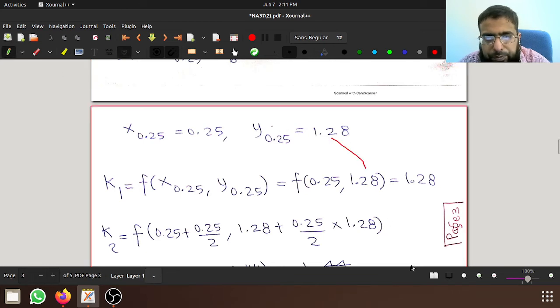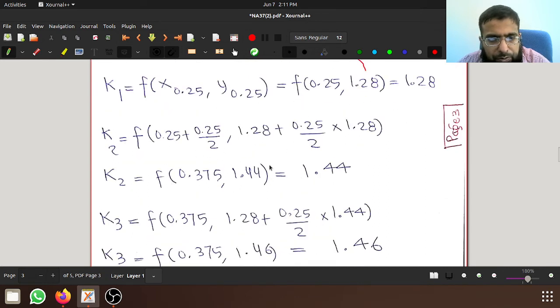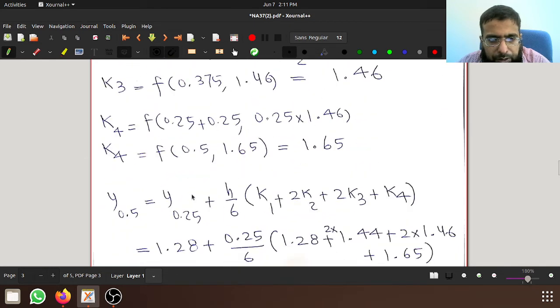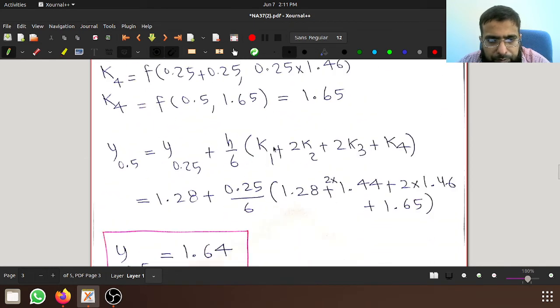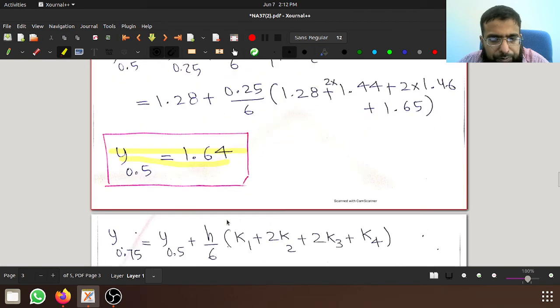So f of 0.25, 1.28 is 1.28. And we keep on moving. We calculate k2, k3 and k4, and then y of 0.5 by plugging all these in the basic formula for the Runge Kutta method, and y of 0.5 comes out to be 1.64.